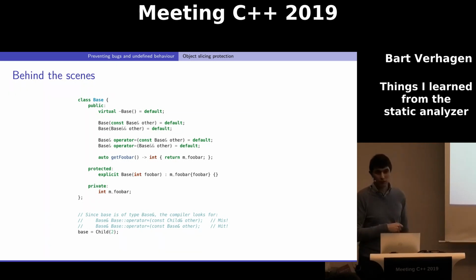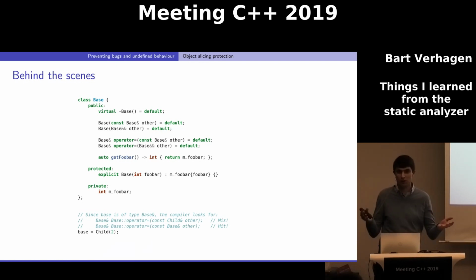So when we try to copy assign a derived class, it's trying to find in the base class a copy assignment that takes the child overload. It's not going to find that in base in this case. So if there is a miss, then the compiler is going to look at a copy assignment that's taking a base, which it does find, and so it calls that function. But in this copy assignment, we kind of have a problem, right?